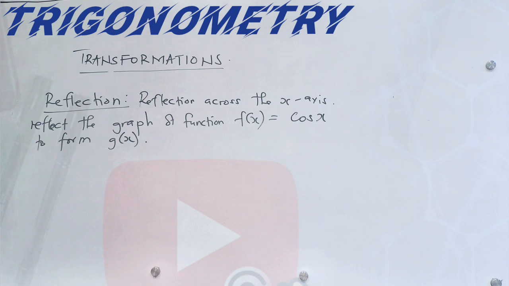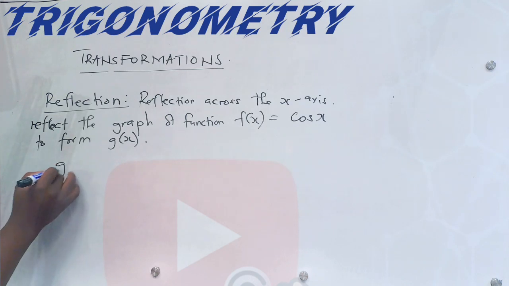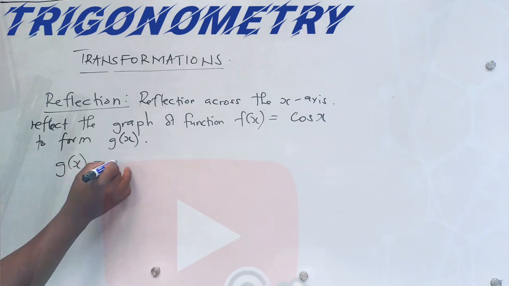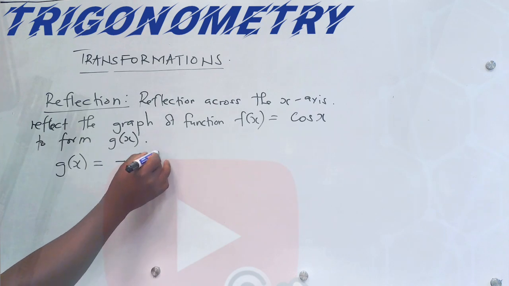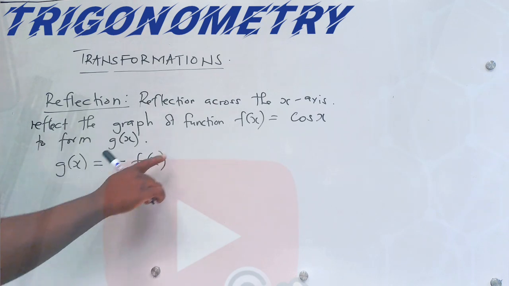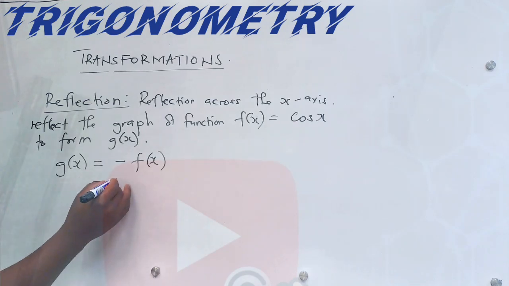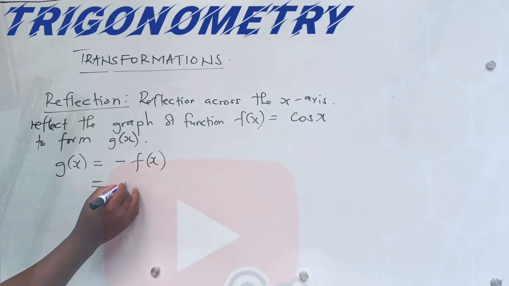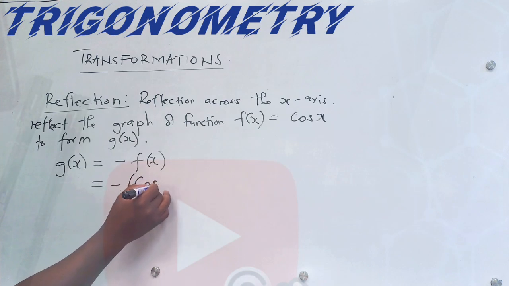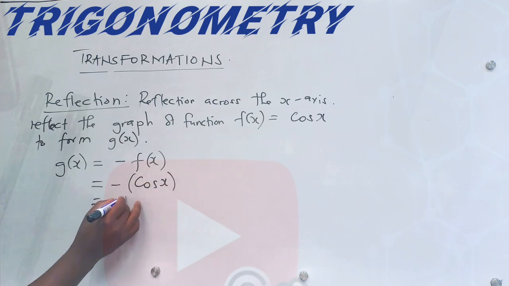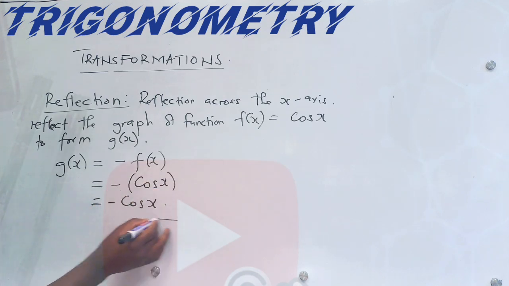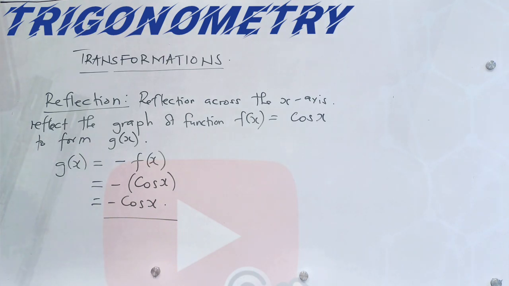If we are reflecting across the x-axis, what we just have to do is to say g of x is equal to negative f of x. You are multiplying the whole function f by the negative. So this is going to be minus multiplied by cos x. This will give us negative cos x as our reflected graph.